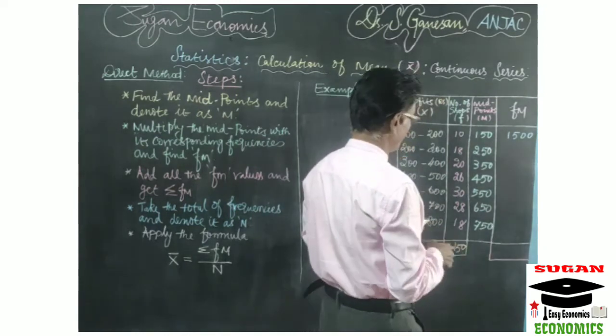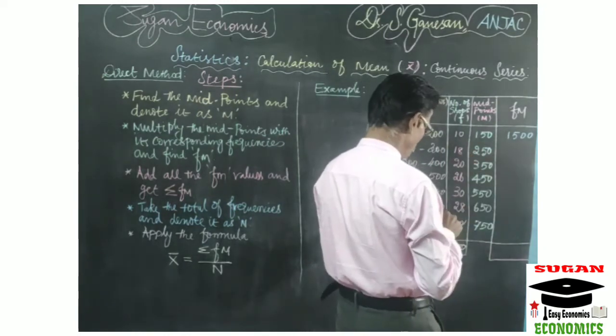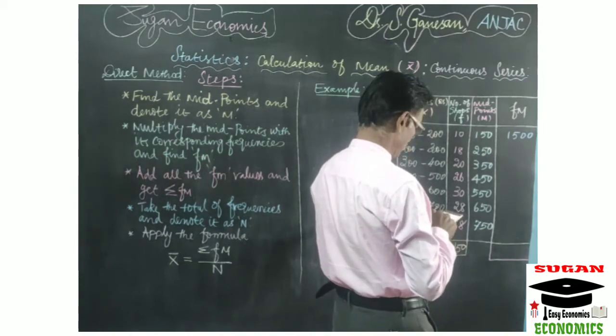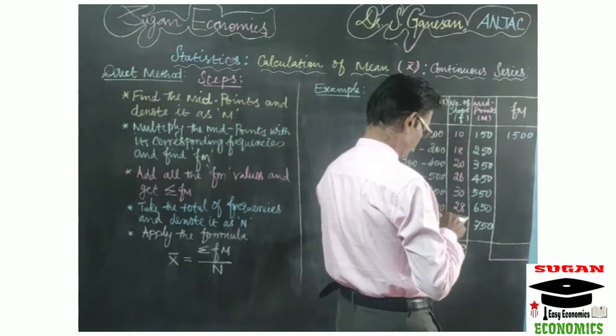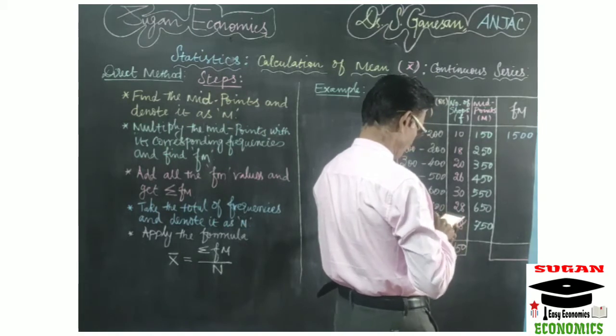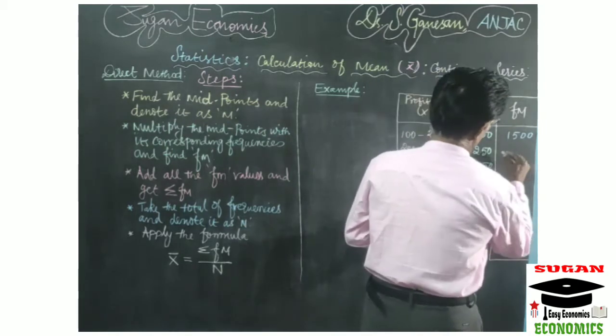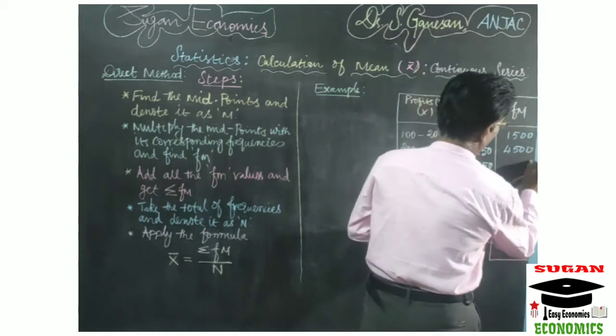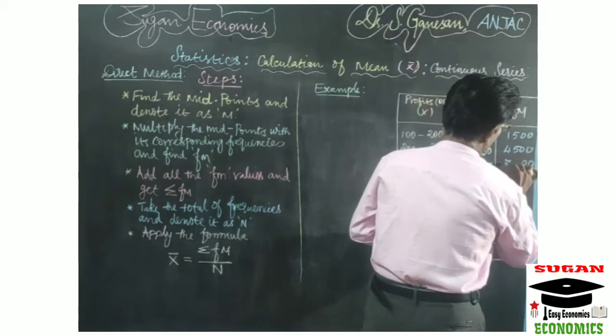Then the second one, 18 into 250, that is equal to 4500. Then here 7000.